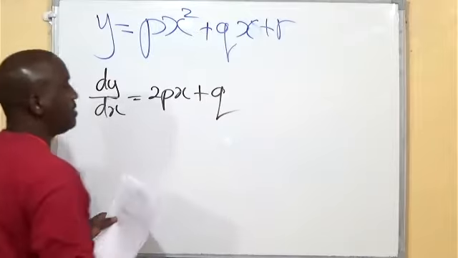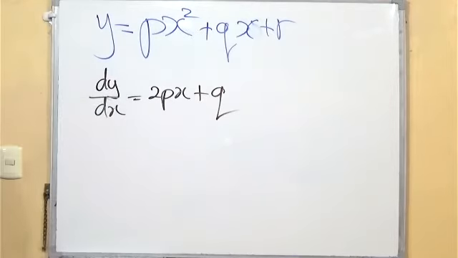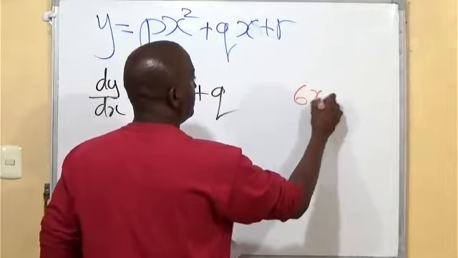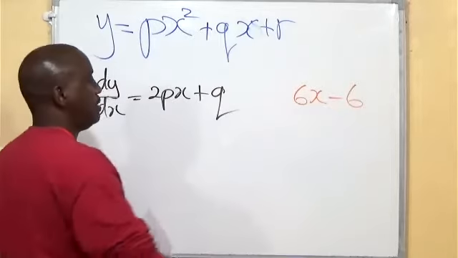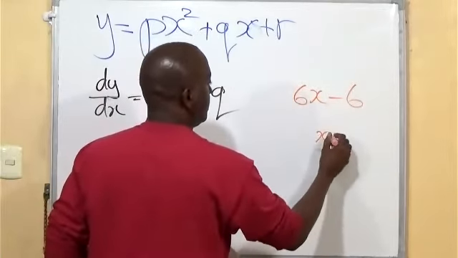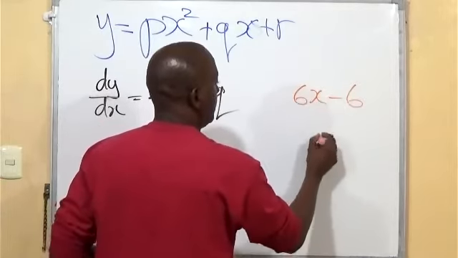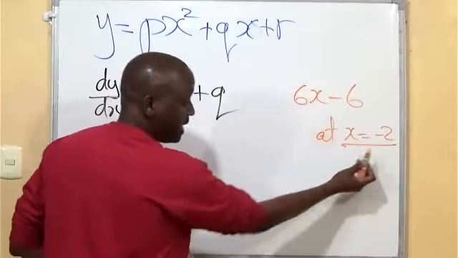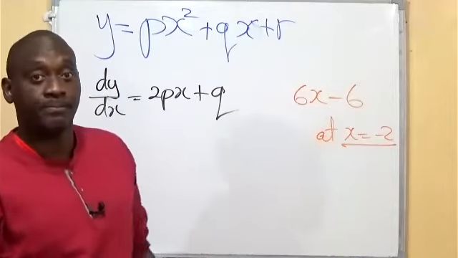And they already told us that the gradient is 6x minus 6 at x equals minus 2. Now, they didn't say x was equal to minus 2, you know.